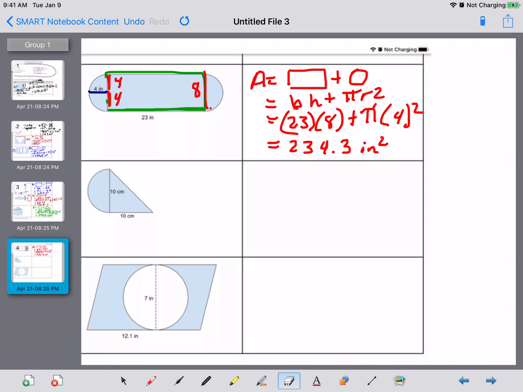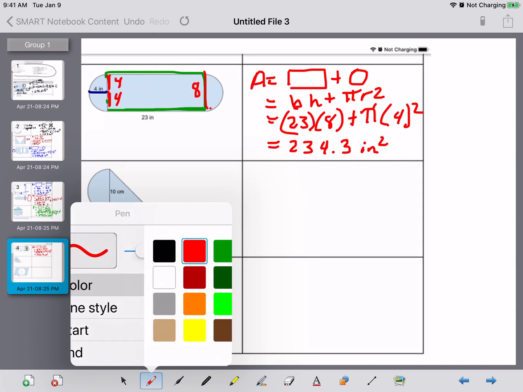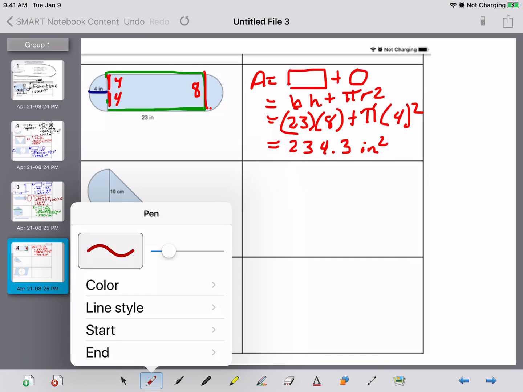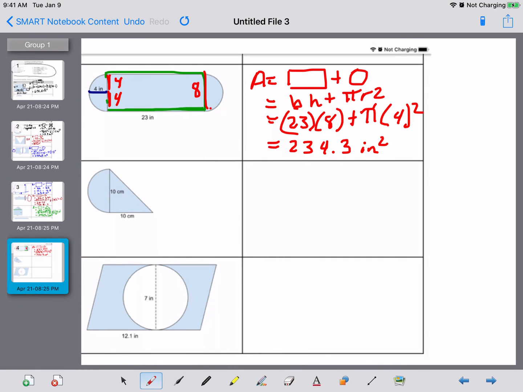In this first one, we're going to change some color here. I've got a half circle. Maybe I'll put the orientation the way you guys can see it as well. So I've got a half circle and a right triangle. So this tells me my radius of my circle is 5.